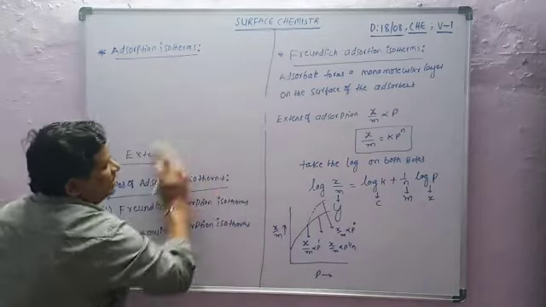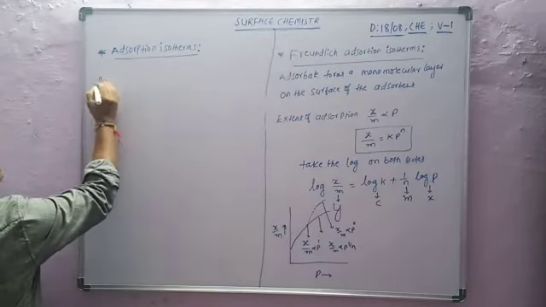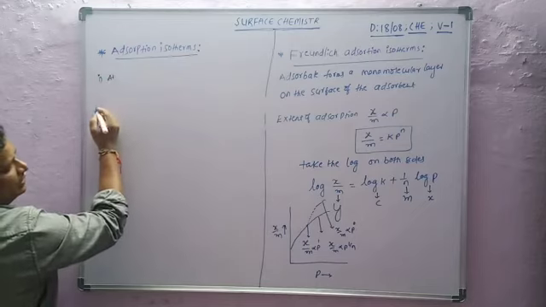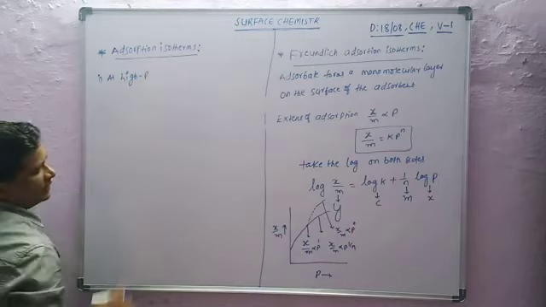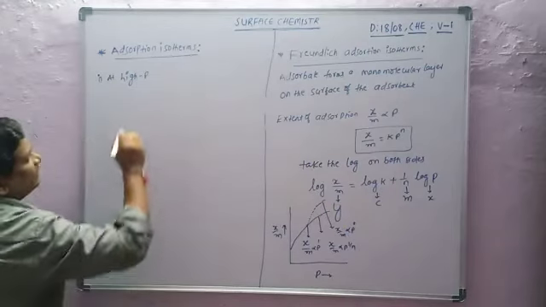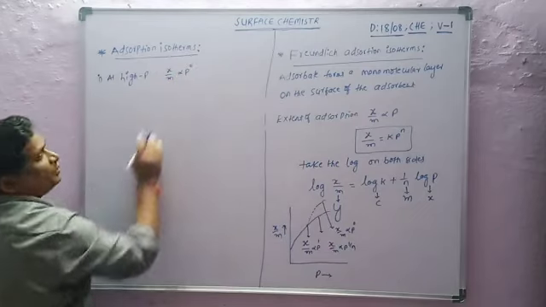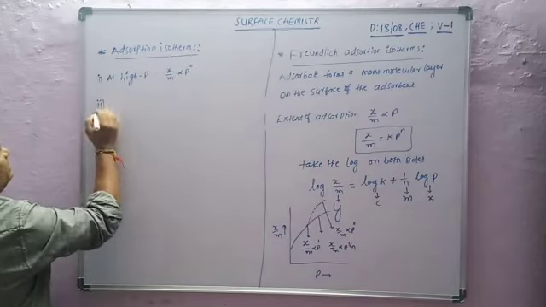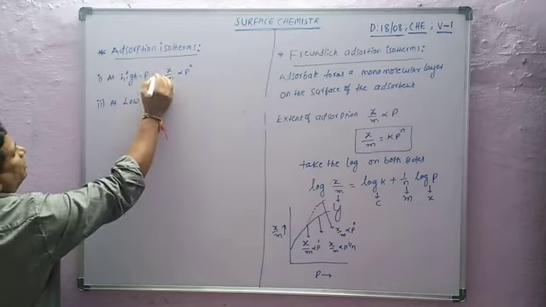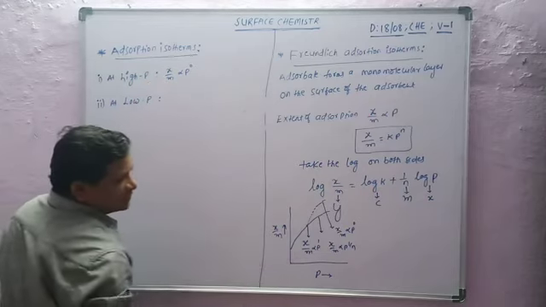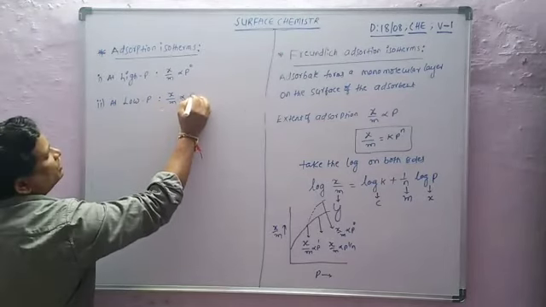Based on the graph, number one: at high pressure, extent of adsorption x by m is directly proportional to P power 0. Second: at low pressure, extent of adsorption x by m is directly proportional to P power 1.